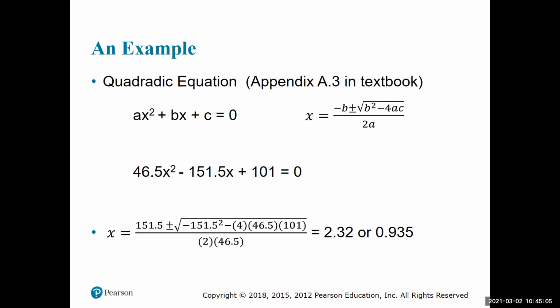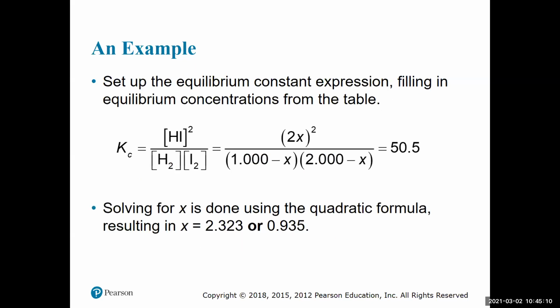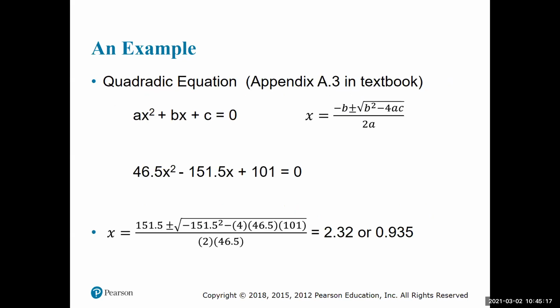So I would strongly encourage you, in this example, to see if you can take the math in this expression and come up with this 46x squared equation. Then we now know that the a term is represented by 46, the b term by 151.5, and the c term by 101. We plug those values into that quadratic equation, and that's what we have down at the bottom of this slide.